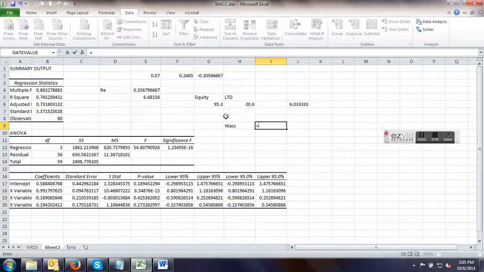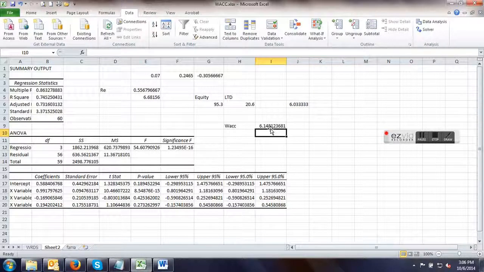So our WACC is just going to equal, again, equity divided by the quantity of equity plus debt times the required return of equity plus the value of debt divided by the quantity of equity plus debt times the required return of debt times the quantity of 1 minus 0.39.